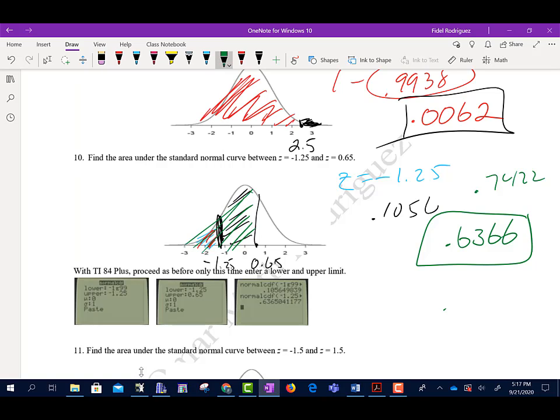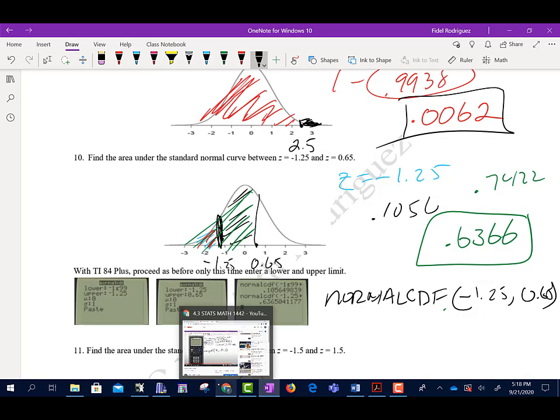Yes. Okay. Now, if you're going to do this on your calculator, what are we going to do? We're going to go normal CDF. What's my lower limit? Negative 1.25. What's my upper limit? 0.65.